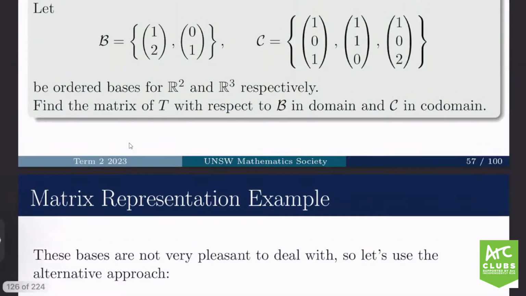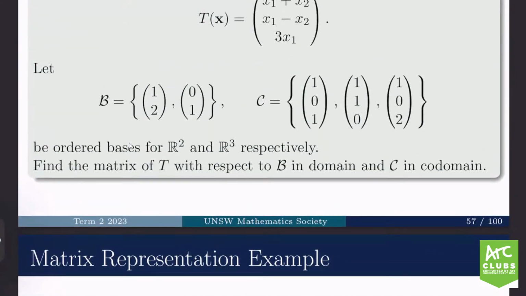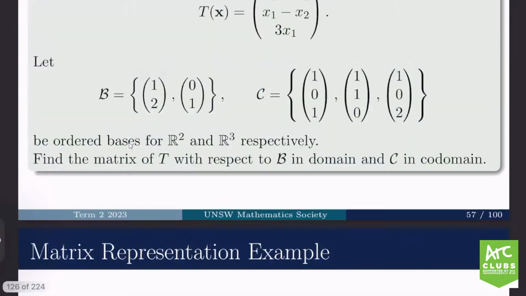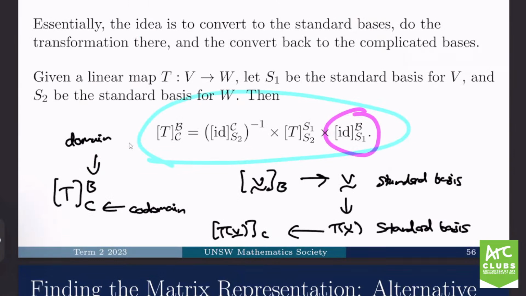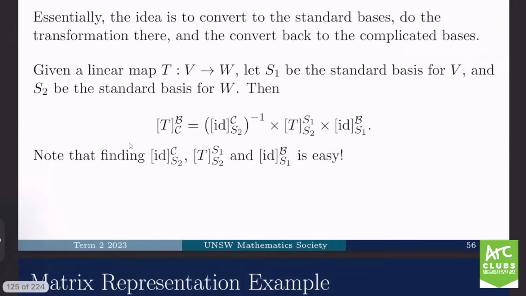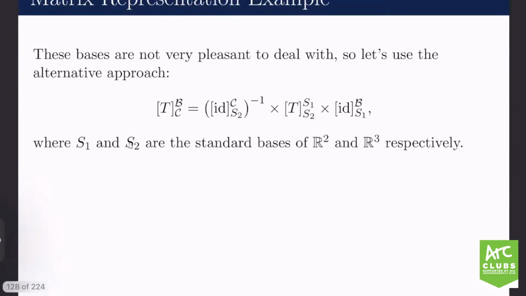So in order to do this, essentially what I need to do is, well, first find all of these matrices. So I need to find the matrix that converts basis B to the standard basis, and I need to find the matrix that converts basis C to the standard basis, and then I need to find the linear transformation with respect to my standard bases.